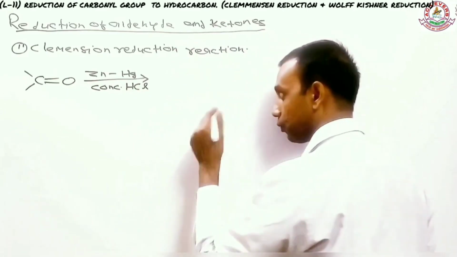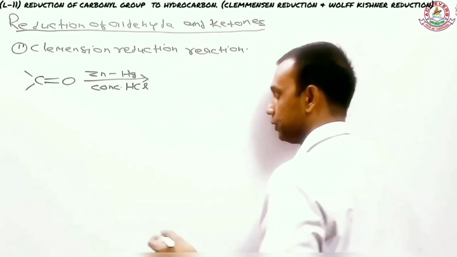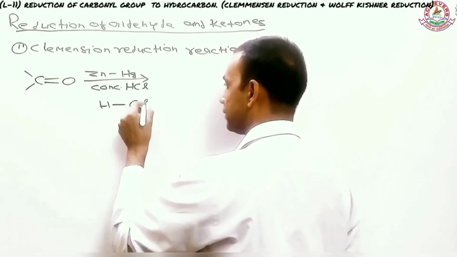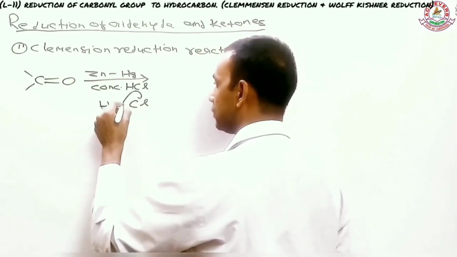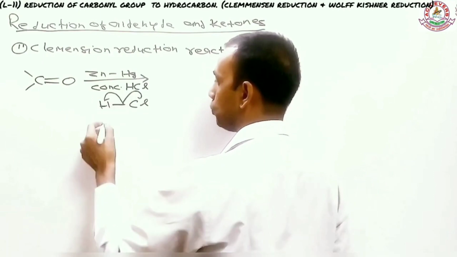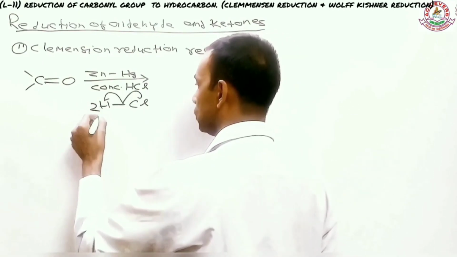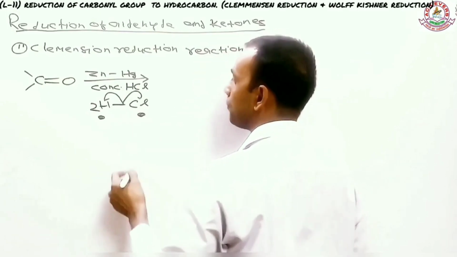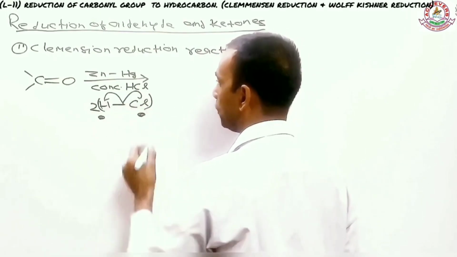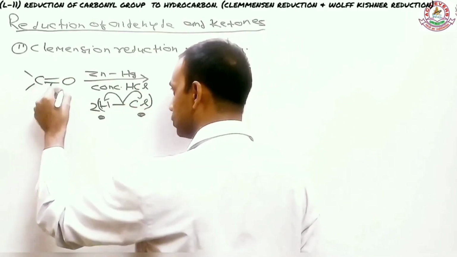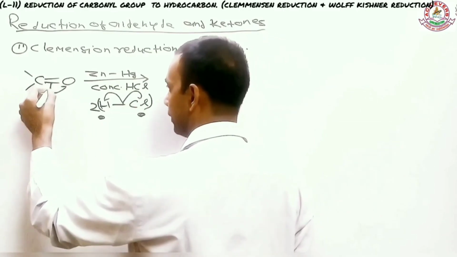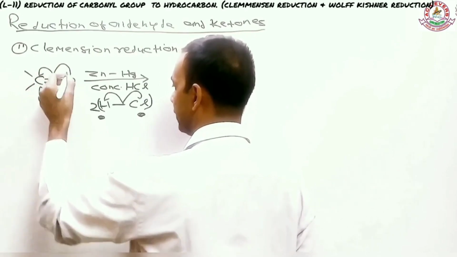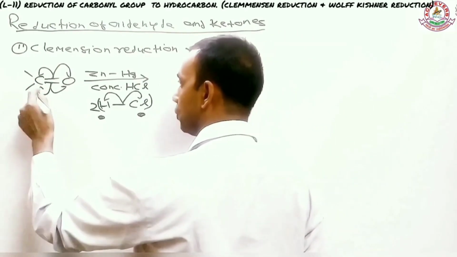Now let's concentrate on the reaction and try to get it. In HCl, it results in homolysis. So if there are two HCl, you will form two free radicals of hydrogen and two free radicals of chlorine. Similarly, these two bonds undergo cleavage, so this will result in two free radicals.